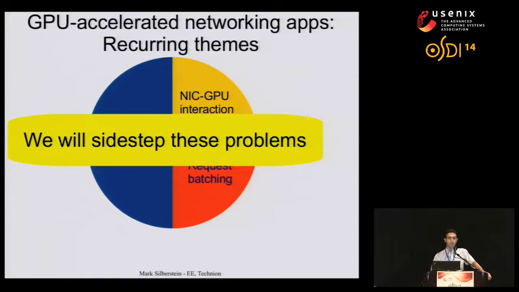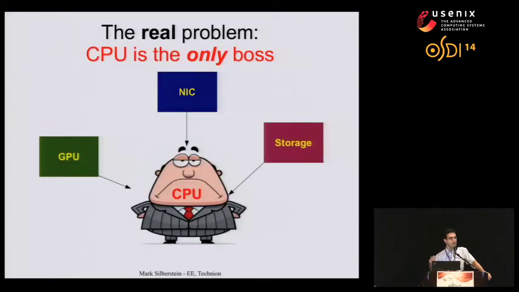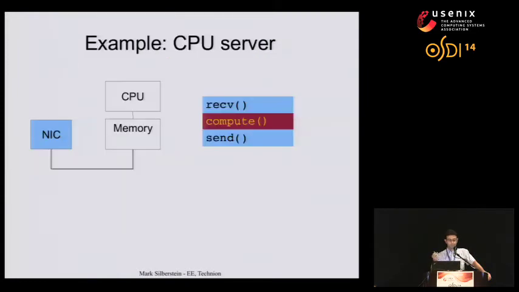And that problem is that we're having systems that are entirely CPU-centric. All the data flow in the system is managed by the CPU entirely, and all the peripherals are entirely managed by the CPU. So this CPU-centric programming model poses some very difficult challenges that I will illustrate briefly.